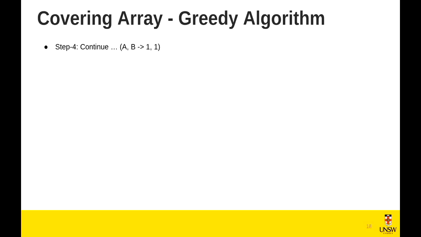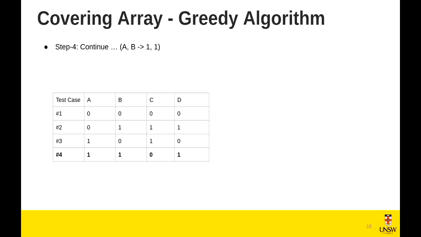And let's move on. So we can continue. Just now we mentioned that if we try to avoid duplicate, we can consider one pair first. So for AB, let's continue the combinations.